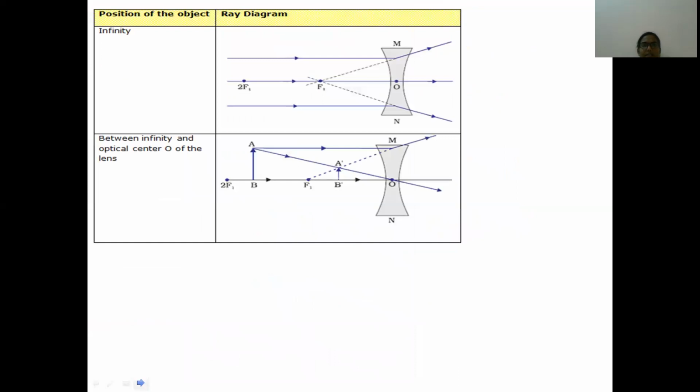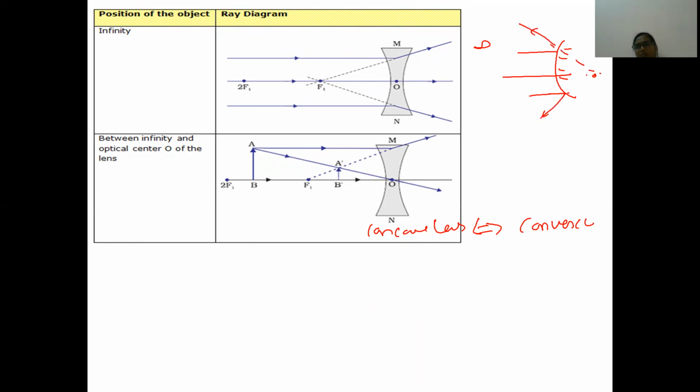Now this is the concave lens. It is similar in case of the convex lens. In the case of the concave lens, children, when you place the object at infinity, the image appears to form at the focus, because the rays diverge like this, but they appear to meet here.